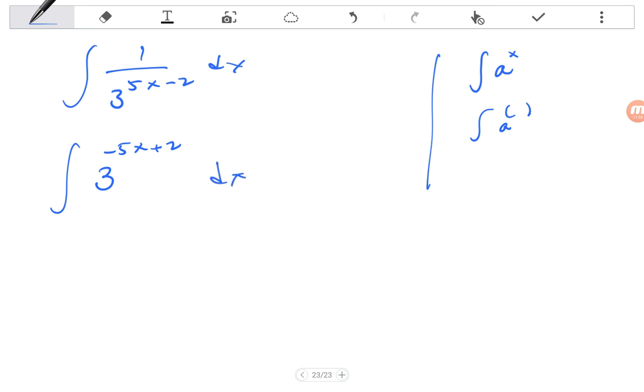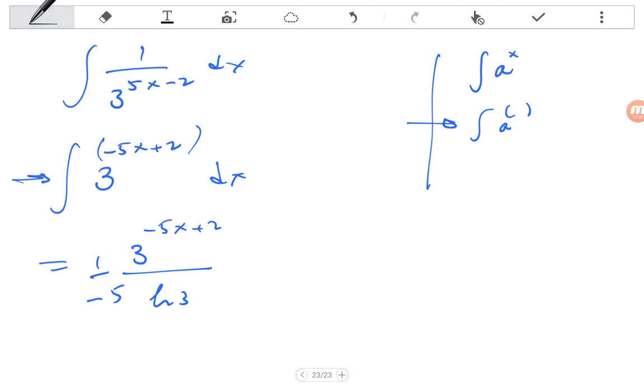So that's the same problem, but this is exactly the form in the table: a number to the power of a linear bracket. So I'll just apply the rule, which would be 3 to the power of minus 5x plus 2, over ln 3 and also over minus 5.